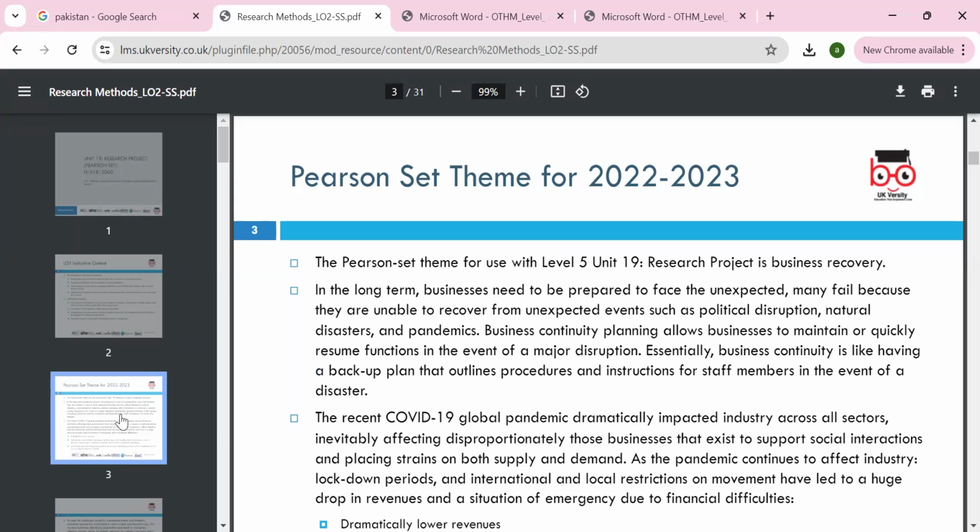Our LO2, according to the Excel, sets the theme of the level 5 unit research project, which is business recovery in the long term. Businesses need to prepare to face unexpected events, failures, and recovery. Really, we need to consider COVID-19, and after COVID-19, what hurdles businesses have in terms of demand and supply, and how these issues can be resolved.